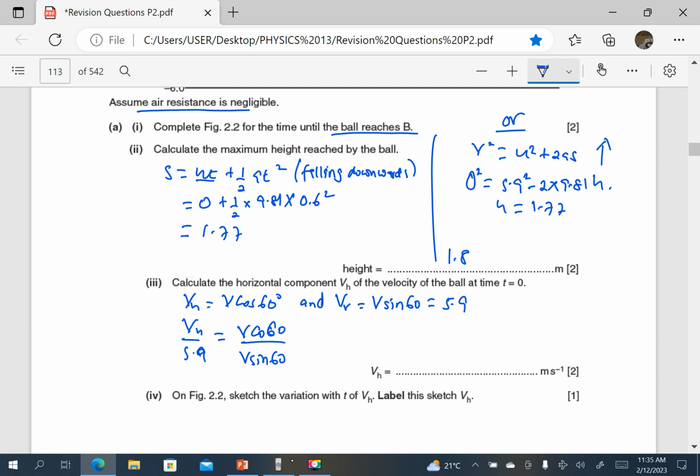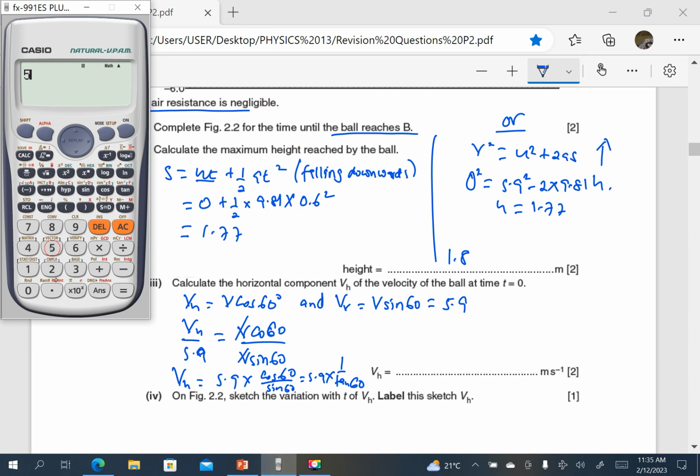So small v cancels. It means V in the horizontal is going to be 5.9 times cos 60 over sin 60, or it can be 5.9 times 1 over tan 60, which is 5.9 divided by tan 60.